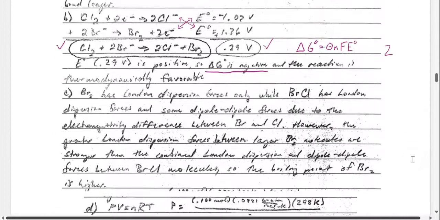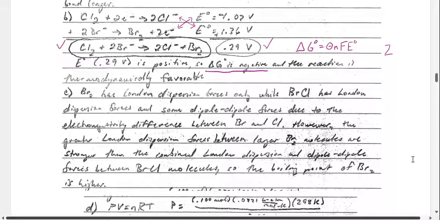Okay, and then C, Br2 has London dispersion forces only, good, while BrCl has London dispersion forces and some dipole-dipole forces due to the electronegativity difference between Br and Cl. Good. However, the greater London dispersion forces between larger Br2 molecules are stronger than the combined London dispersion and dipole-dipole forces between BrCl molecules, so the boiling point of Br2 is higher.